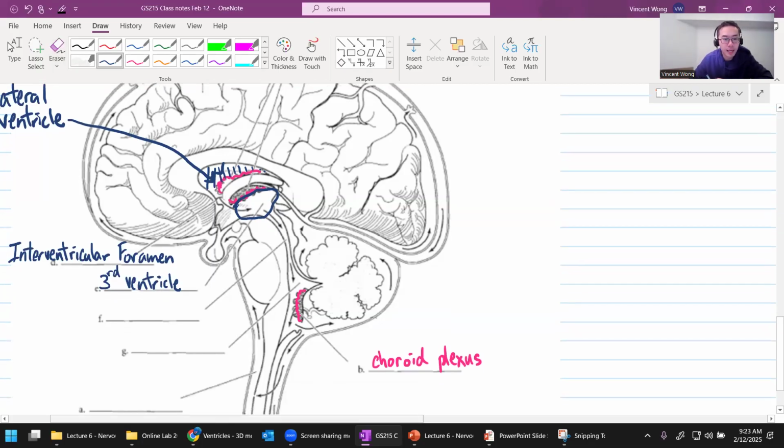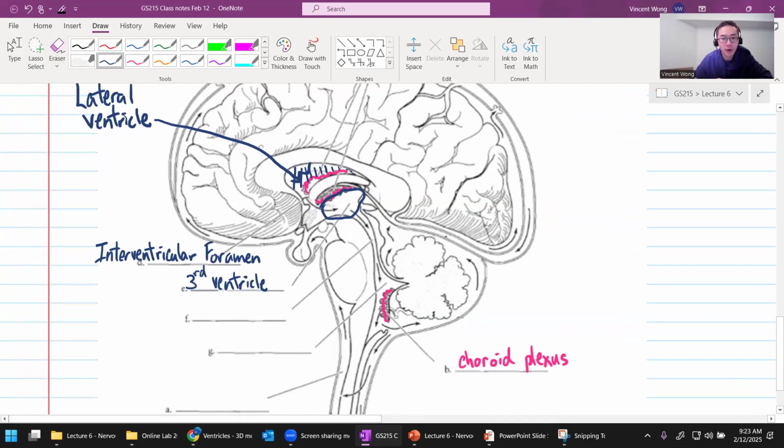Okay. Further down, we are looking for the triangle. The triangle right there. The triangle is the fourth ventricle. So that's the interventricular foramen right there.